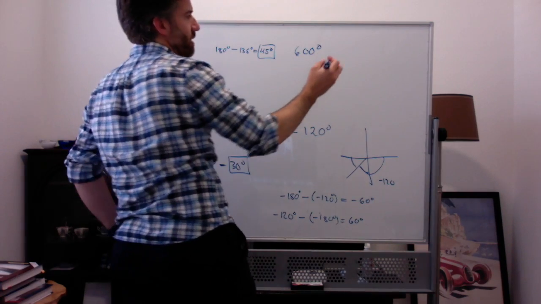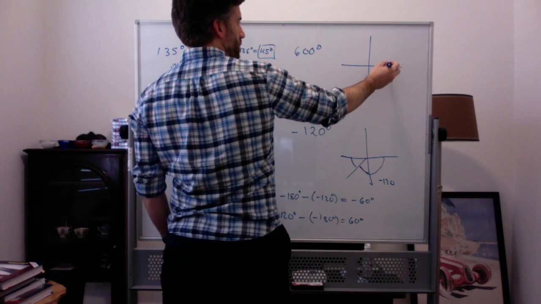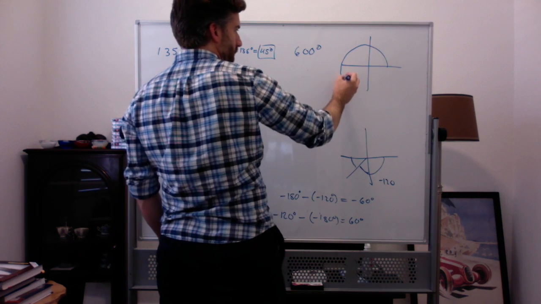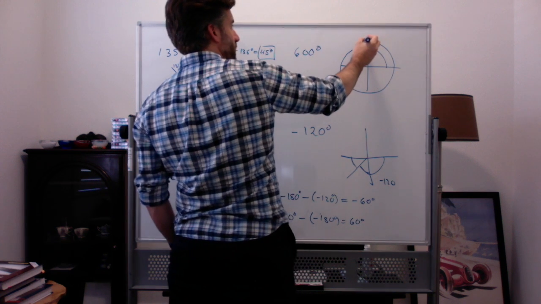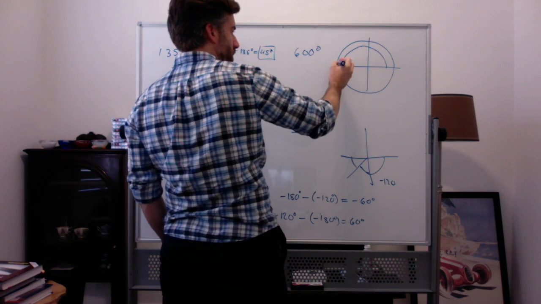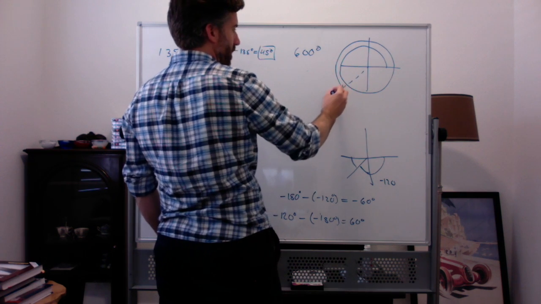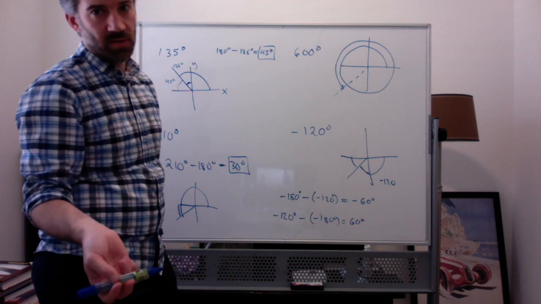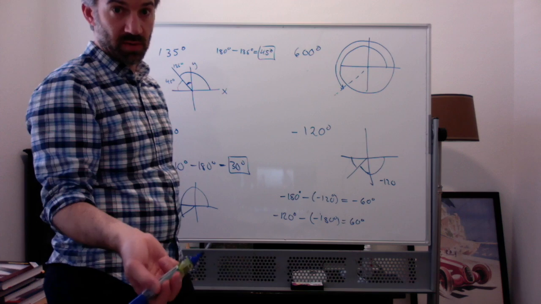600 degrees is more than a full revolution. 90, 180, 270, 360, 450, 540, and then a bit more. To find my reference angle here, what I should do is find the smallest co-terminal angle that's still between 0 and 360.